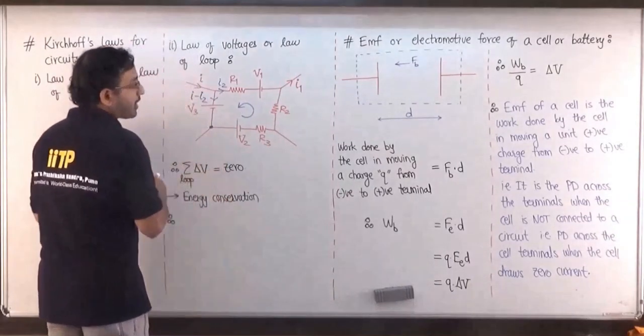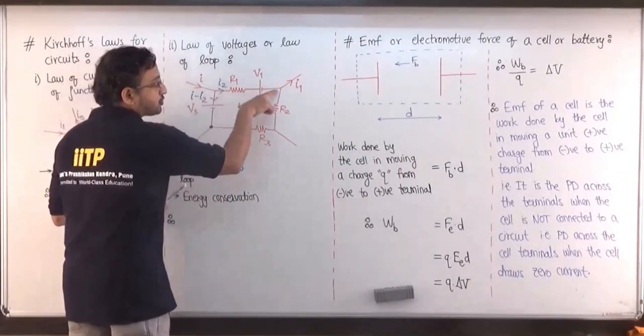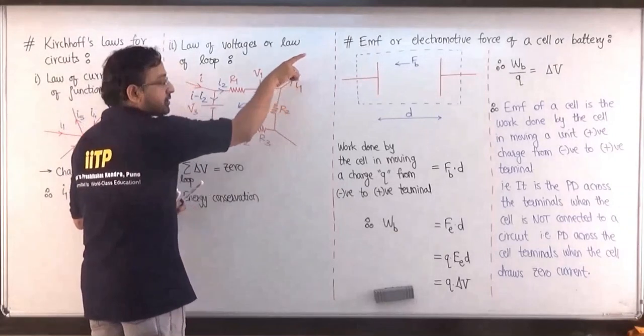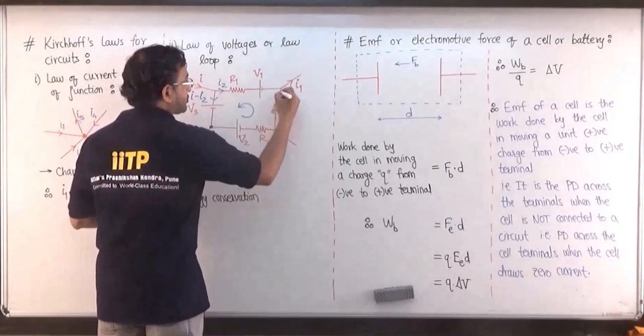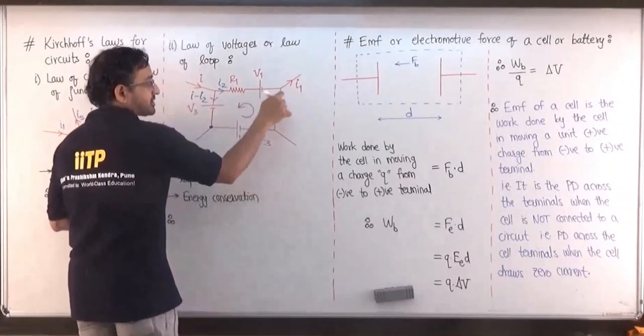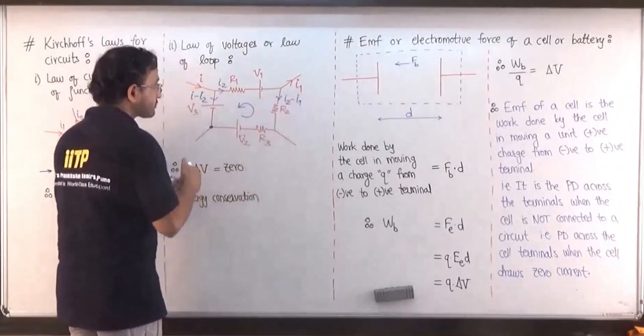Now that I2 goes there, one part of I2 is I1, which goes away like that. So again I am going to say that there is a current here which goes like this, and that current is I2 minus I1.